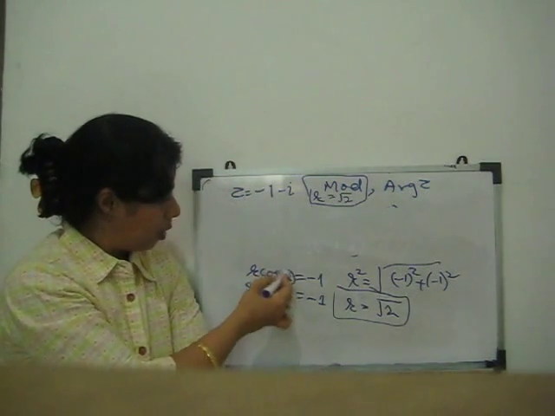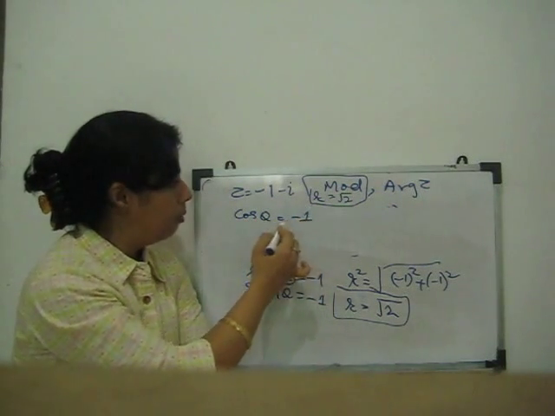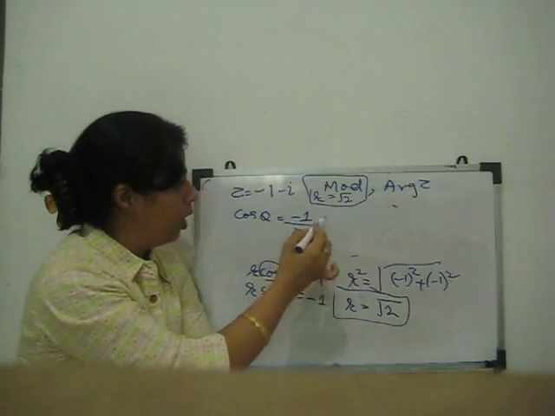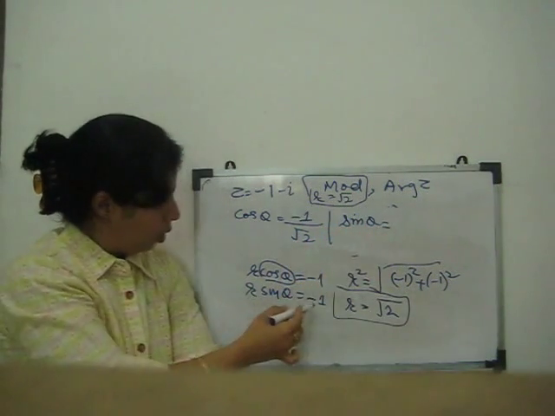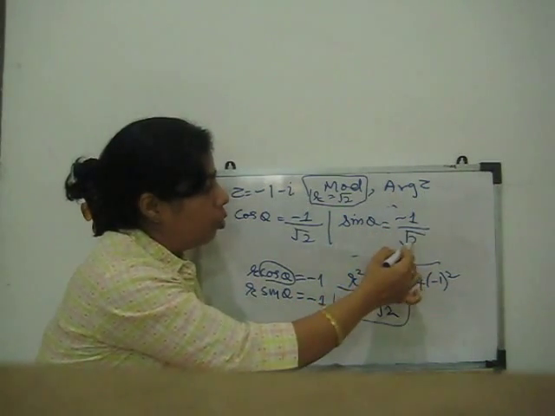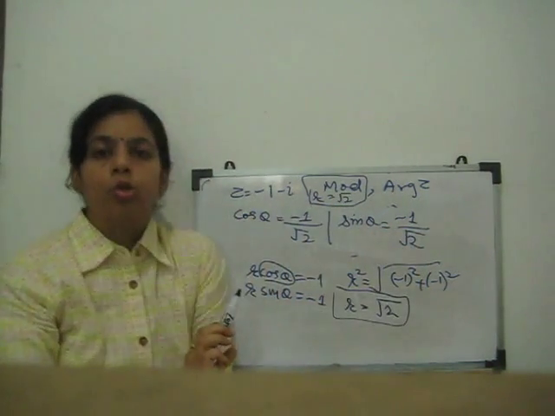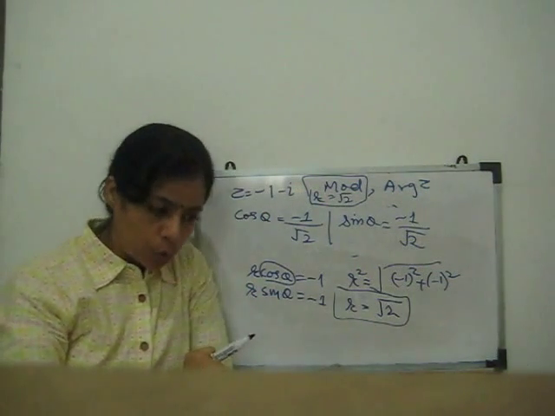If we talk about cos theta, then cos theta is -1 by r, which is root 2, and sin theta is also -1 by root 2. Clear? So sin theta and cos theta are both given by -1 by root 2.